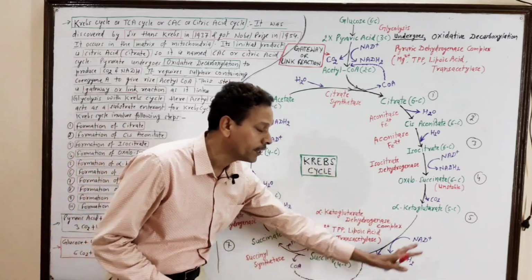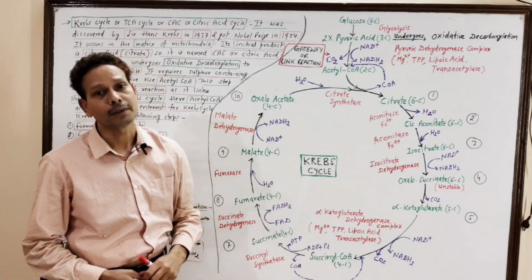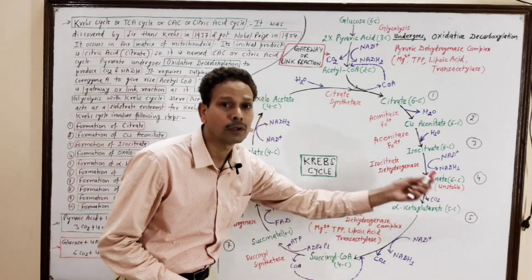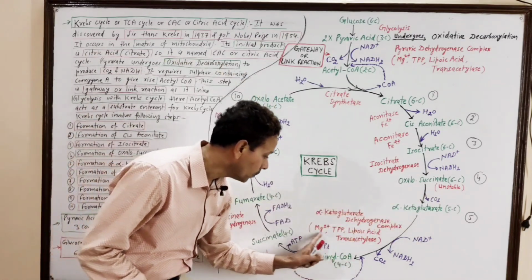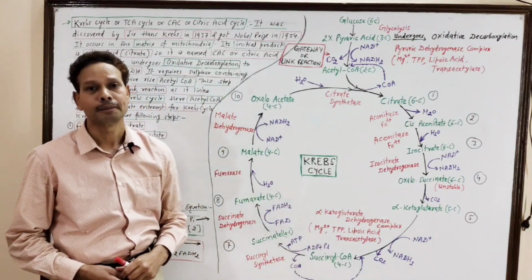This is oxidative decarboxylation of alpha ketoglutarate to produce succinyl coenzyme A.